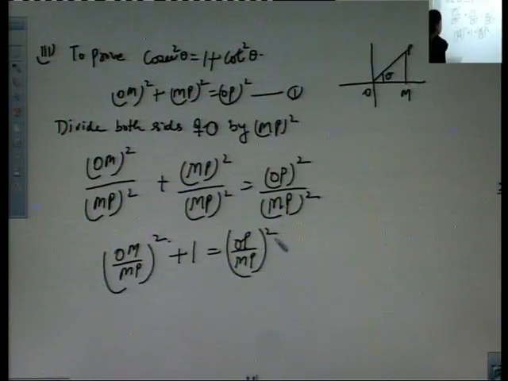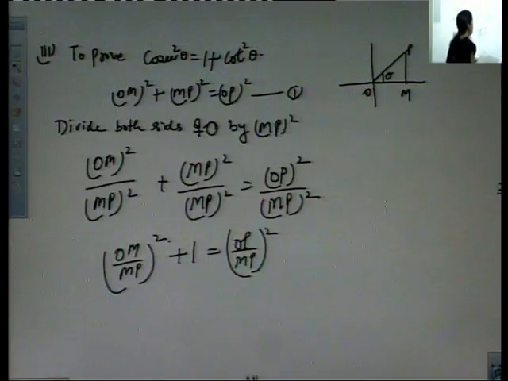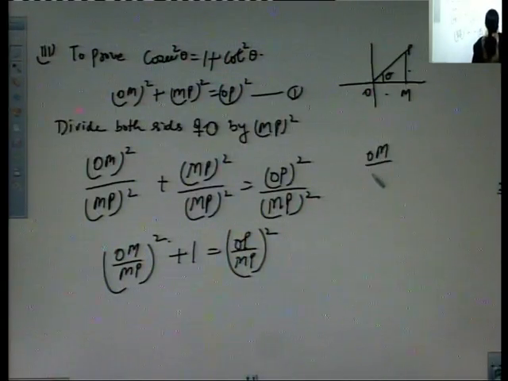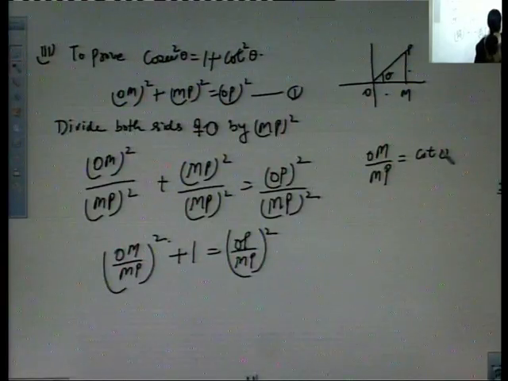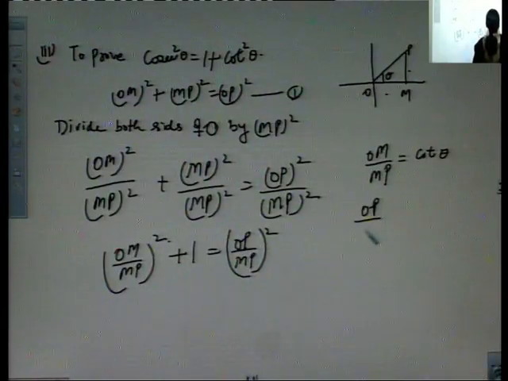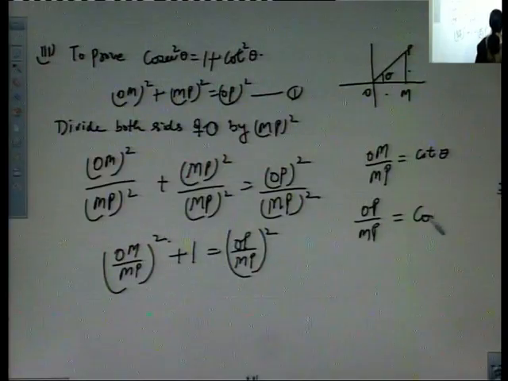Now what is OM upon MP? OM upon MP is equal to cot theta and OP upon MP is equal to cosecant theta.